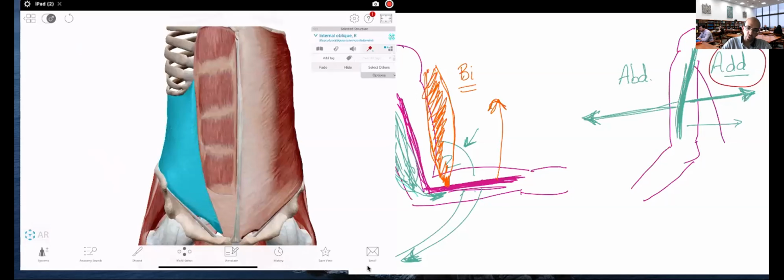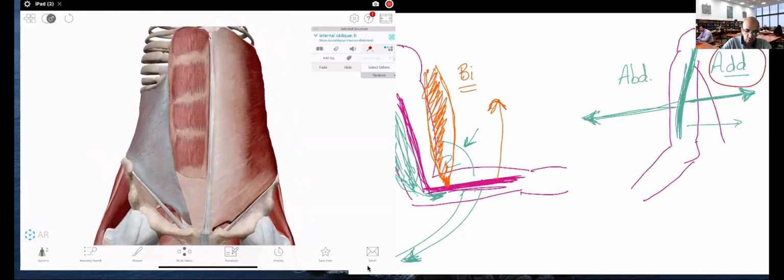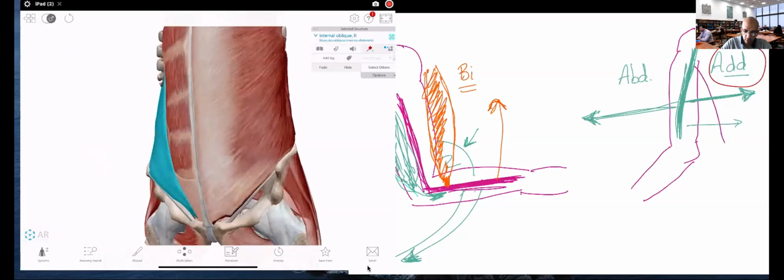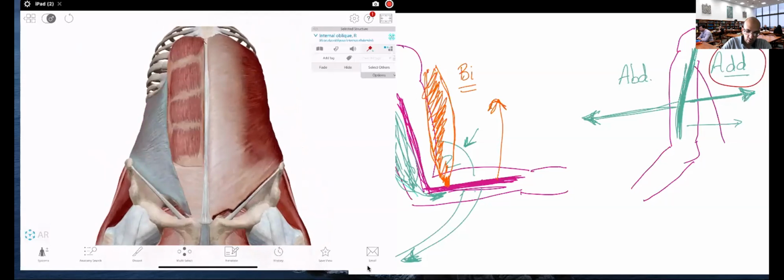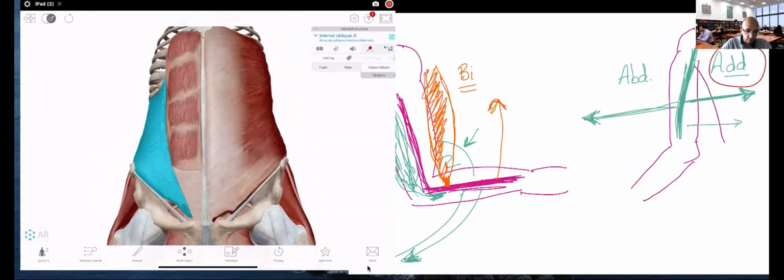So we decided to call the superficial one my external oblique, and the deeper one my internal oblique. If you remember, I'm getting my origin from the lower ribs, from the costal cartilage, from the lower part of the body of the sternum and the xiphoid process, to be inserted down in the iliac bone, pubic bone, and the inguinal ligament.